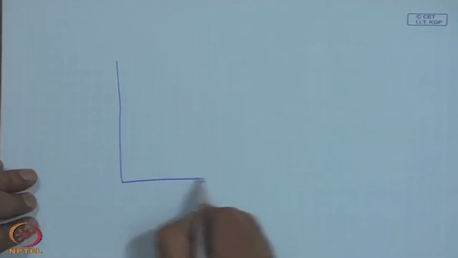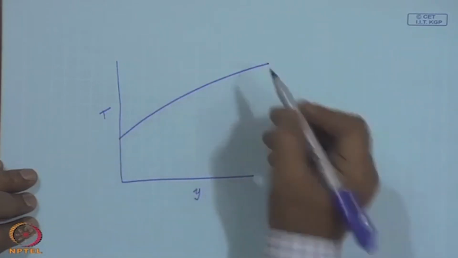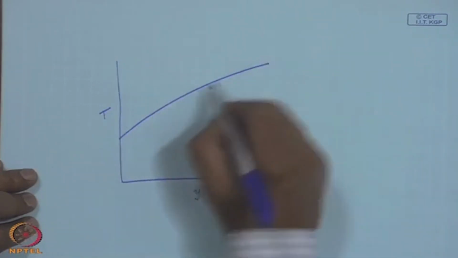The location can be chosen not only in the tube, but also anywhere on the plate in general. This is Y and T, this is on the plate.